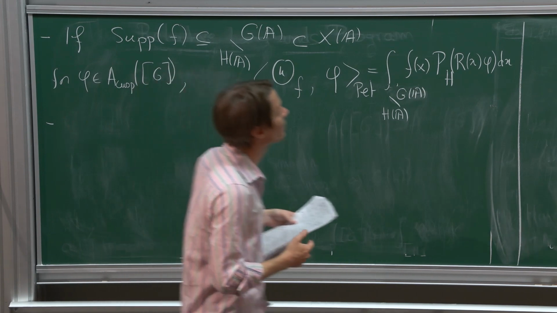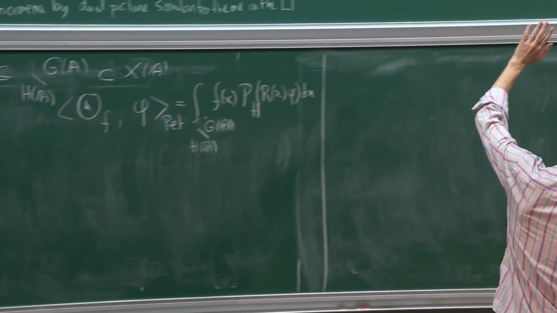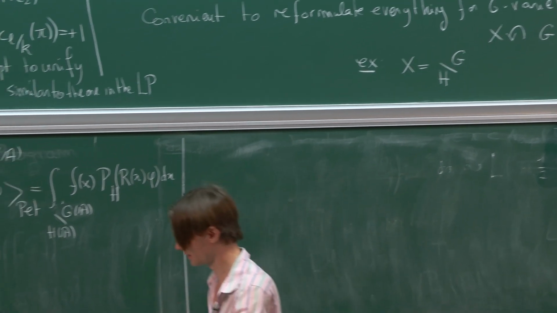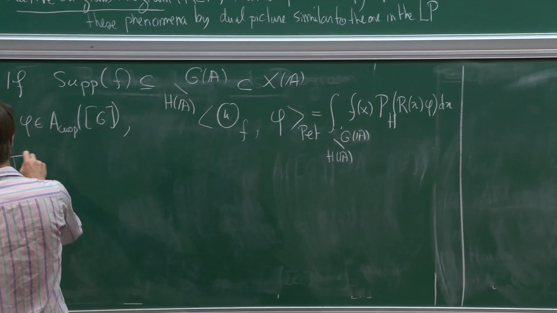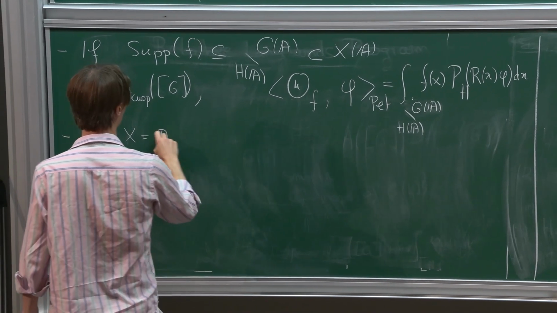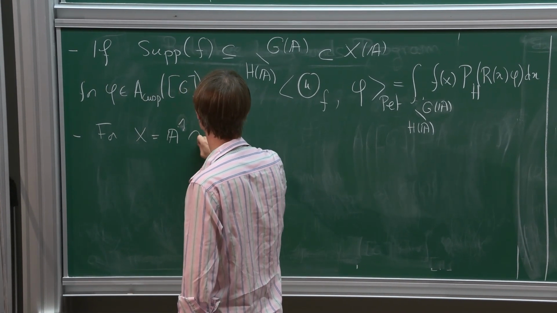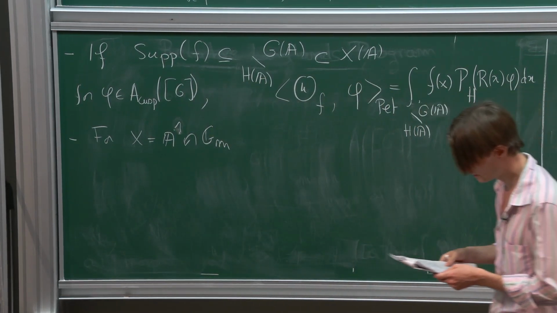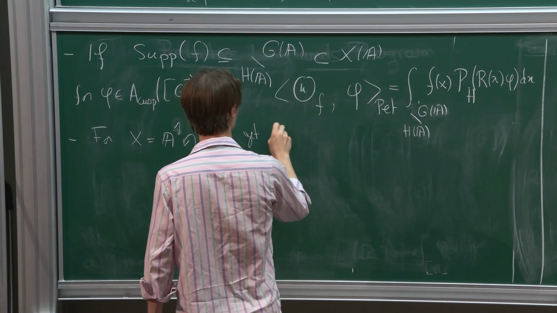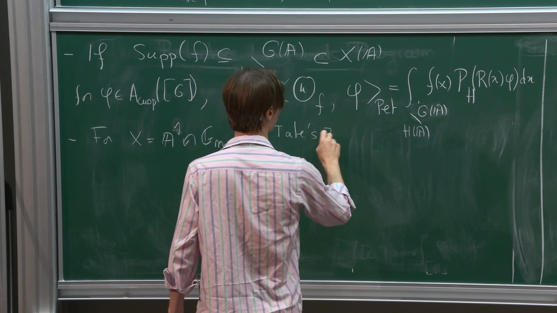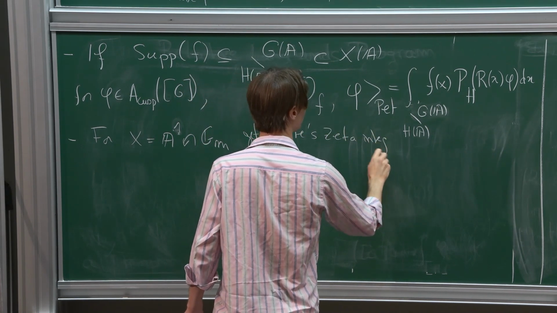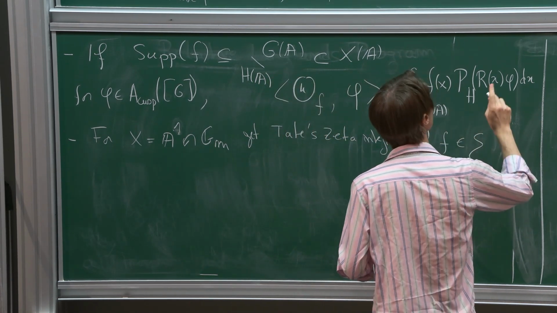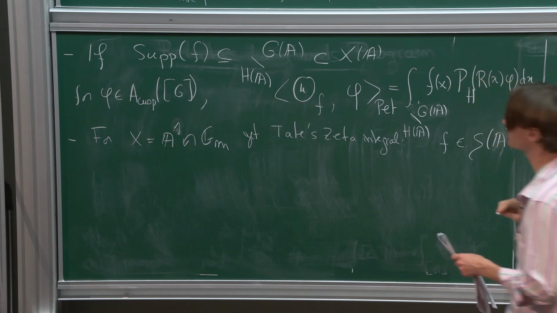But one advantage of using theta series is that we can now include in the picture non-homogeneous varieties. And for example, if you take for x the affine line acted upon by the multiplicative group, then you essentially recover Tate's zeta integral, which is nice. Namely, you take now such a function on x of A, which is just the adelic line.